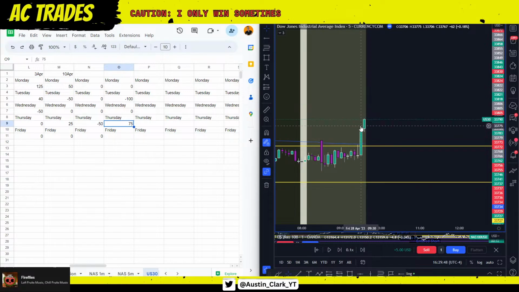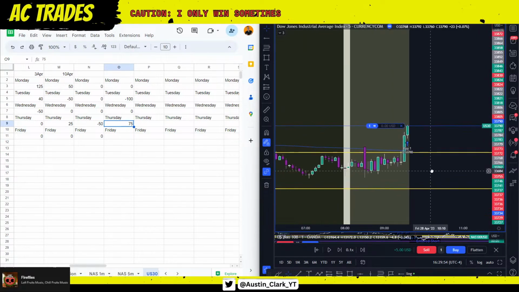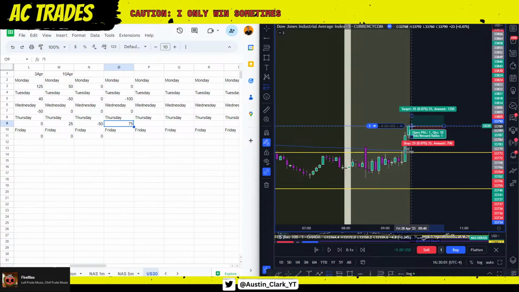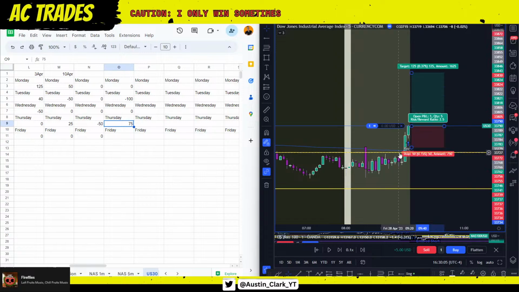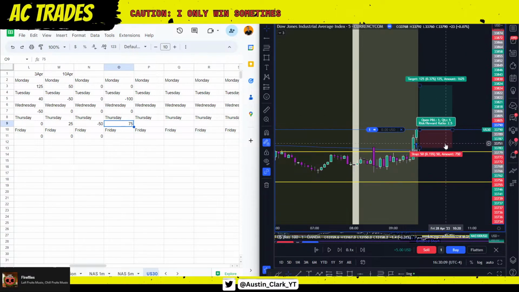This candle closed above this high here on the market open. So I would have taken a long. Yes, the wick is a little bit bigger on the bottom. It will probably bleed down just a little bit, but I would have taken a chance at this trade because it's making newer highs and breaking old highs.